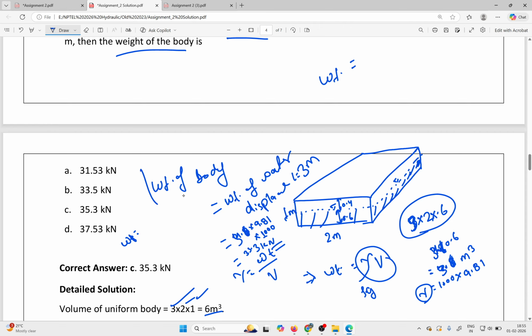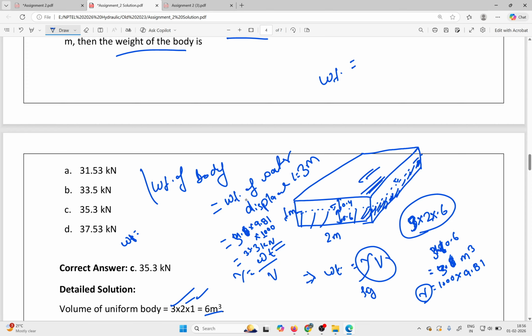Nothing, very simple. The weight of the body is equal to the weight of whatever you immerse in the water. That immersion does not depend on you. It depends on the density of water and the density of this block. So it is immersing 0.6. That portion only displaces water, not all of it.